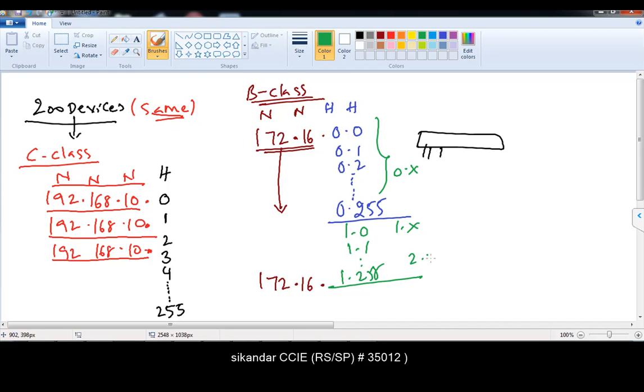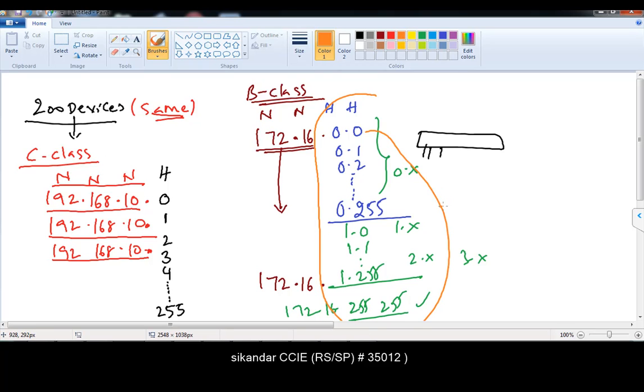Once I finish 1.x, I can start with 2.x, 3.x, 4.x, like that up to a maximum of 172.16.255.255. If you count the total number of addresses, it's 256 addresses added 256 times, so it goes to around 65,536 addresses.